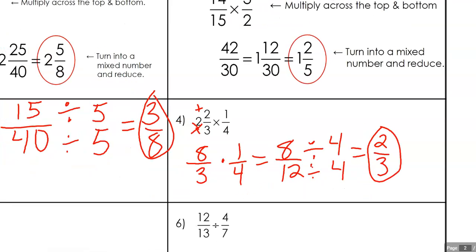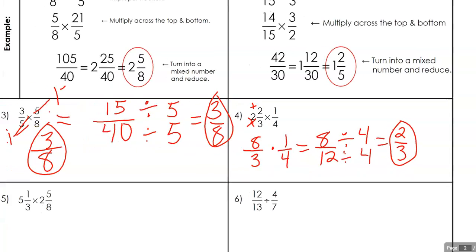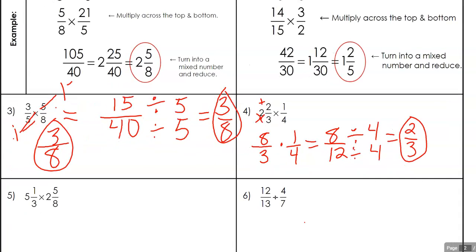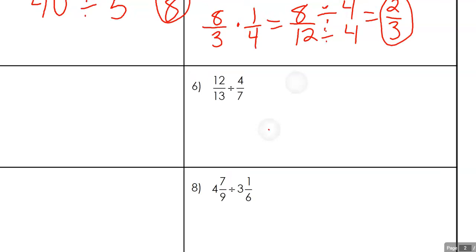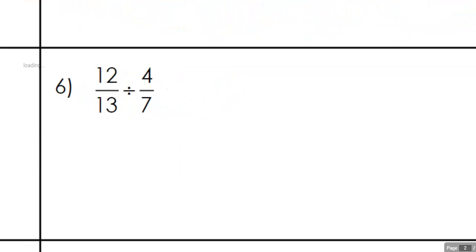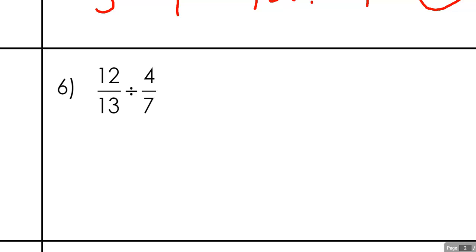So we've multiplied. Let's choose a division problem, okay? So let's go down and choose number 6 as a division problem. Okay, make this just a little bit bigger. So now when you are dividing, you are going to keep the first fraction the same. 12 over 13 stays the same.